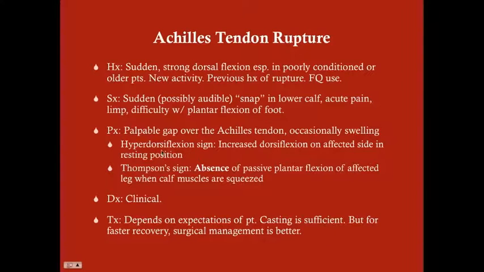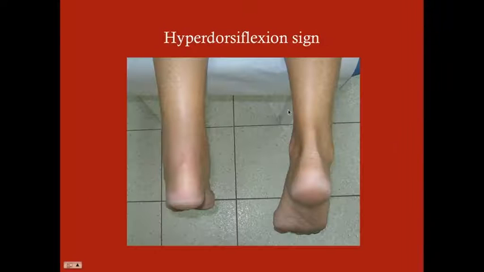Another thing, in addition to the hyperdorsiflexion sign, is Thompson's sign. What you do with Thompson's test is hold this patient in this position, take the affected leg and squeeze down on the calf muscles, on the gastrocnemius. As you squeeze down, in a normal patient, you should get plantar flexion, because what you're doing is simulating contraction of those muscles.